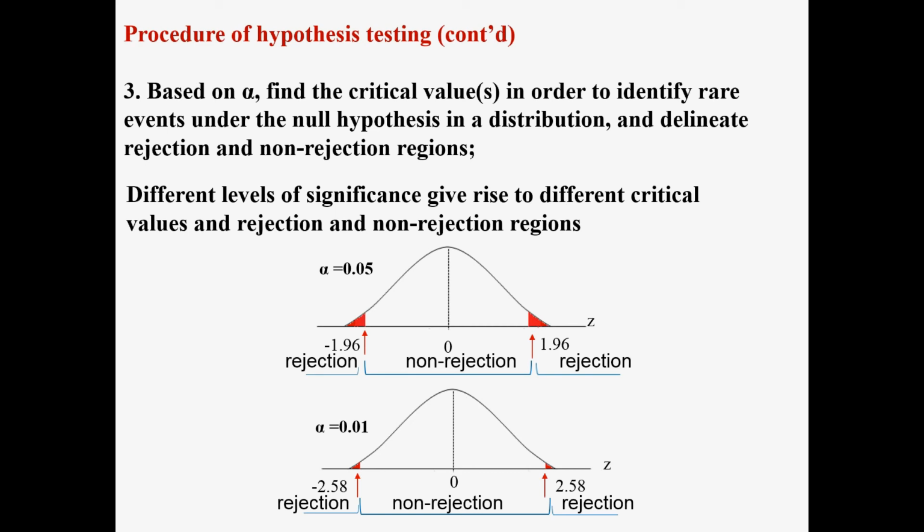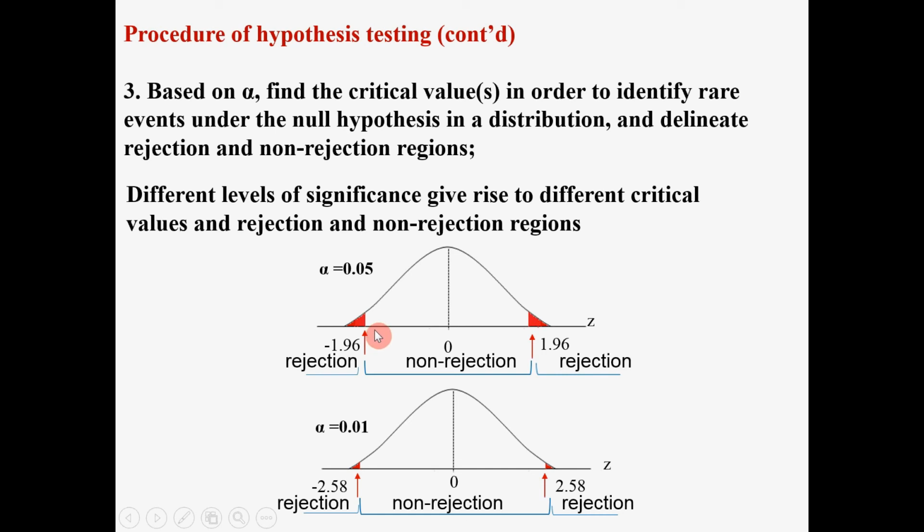For example, in a two-tailed test, if the alpha we choose is 5%, the corresponding critical z-score values would be negative 1.96 and positive 1.96. We use these two critical z-scores to delineate the entire z distribution into two rejection regions at the corners and one non-rejection region in the middle.